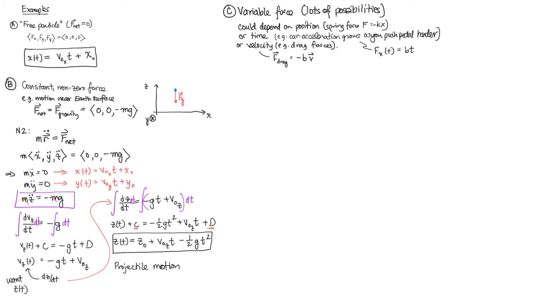Okay, well, why don't we work through this example? F drag is equal to a constant times minus v. And let's consider just linear motion that's horizontal. So we have the following scenario. We have some ground, we have a box, and that box is moving to the right, and so it's going to experience a drag force to the left.